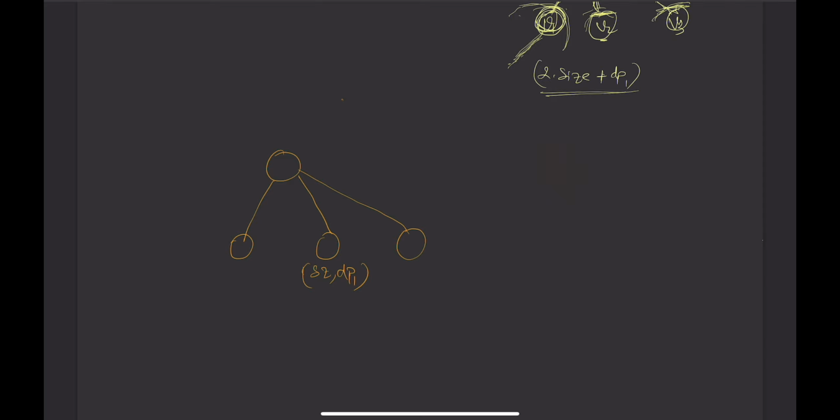So if there was one more node here, then while calculating dp1, what will I add? So for this node I will add 1, for this I will add 1, for this node I will write 1, for this node I will write 2, while calculating the values for this node.